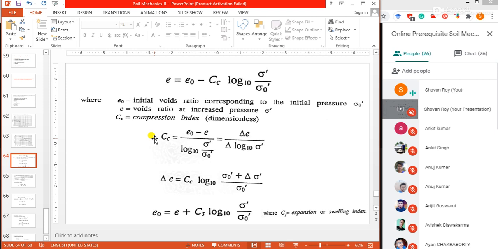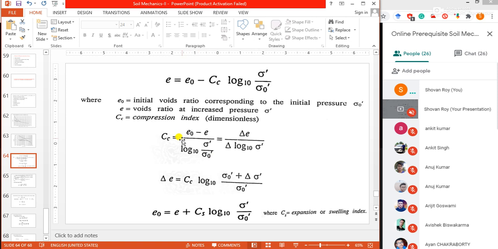So Cc equals e0, the initial void ratio, minus the final void ratio, by log 10 base final effective stress by initial effective stress.